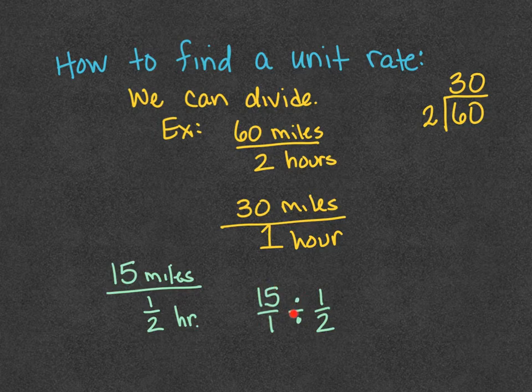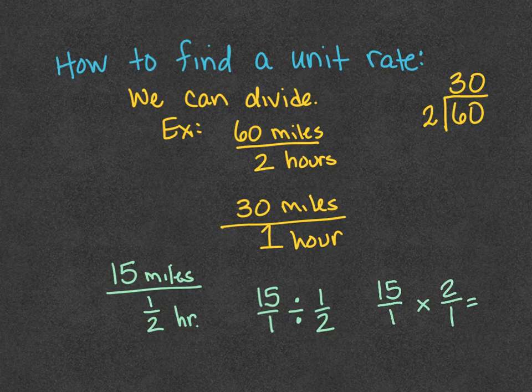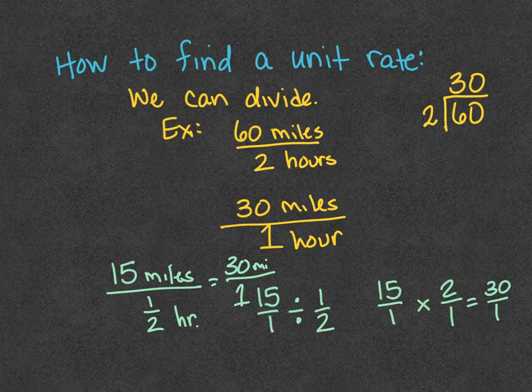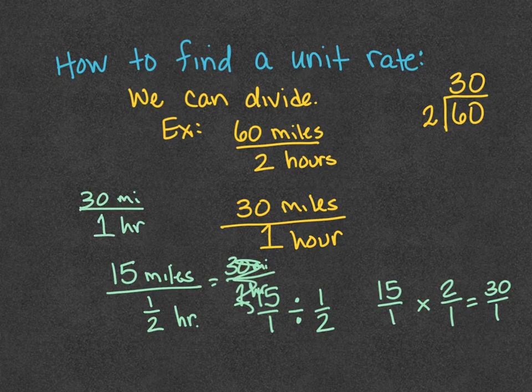We keep this as this fraction, change this to multiply, and flip that on its head, its reciprocal. 15, keep. Change to multiply, flip, its reciprocal. 15 times 2 is 30 over 1. So I end up with 30 miles in 1 hour as the unit rate. I shouldn't have written that there. Sorry, 30 miles in 1 hour as a unit rate, single unit.